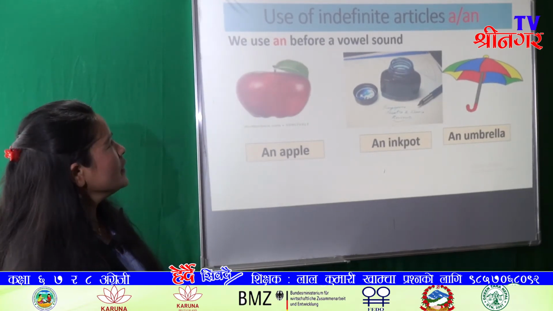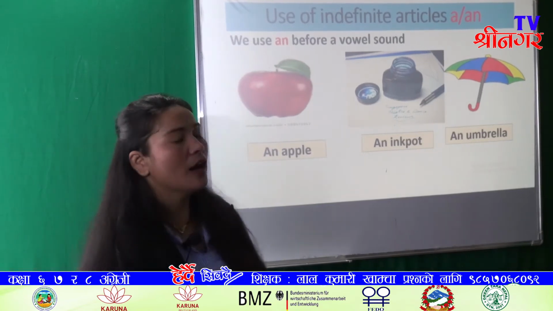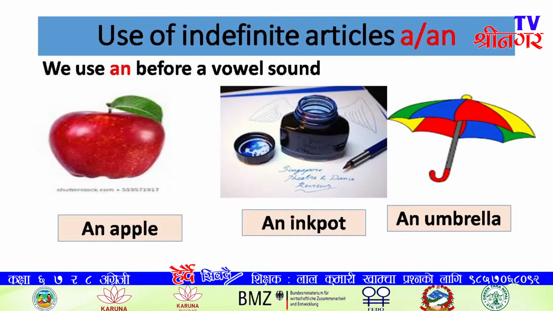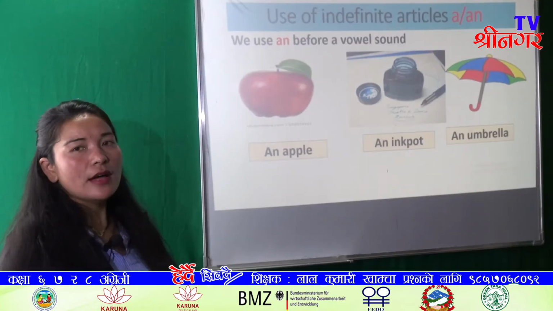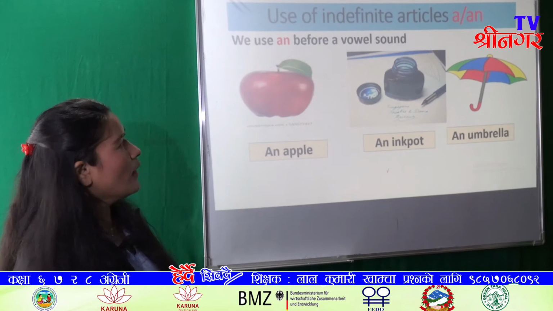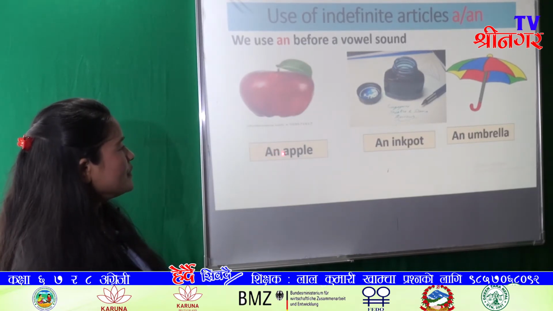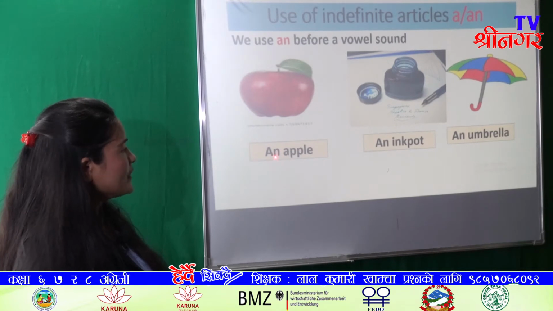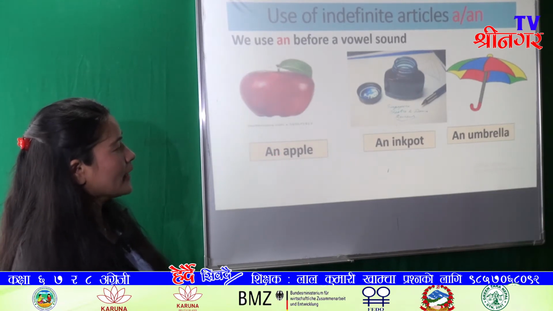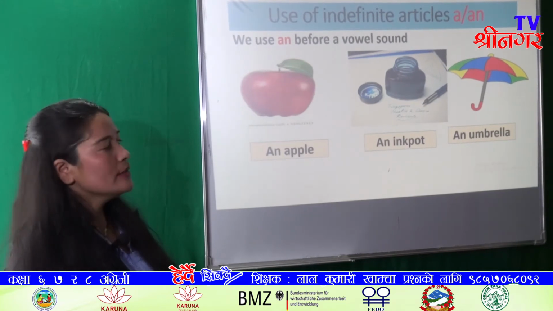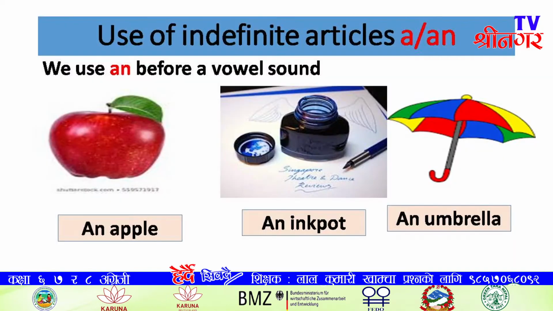And next one, we use an before a vowel sound. Here, apple, apple. A is a vowel sound, and so here we have used an before apple. And ink pot, what is this? Ink pot, i is also a vowel sound.